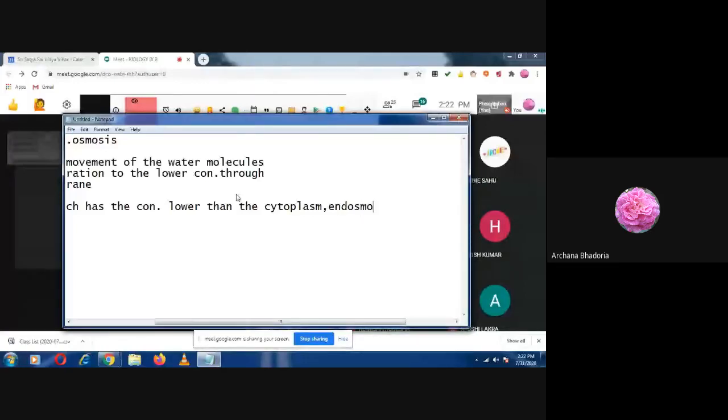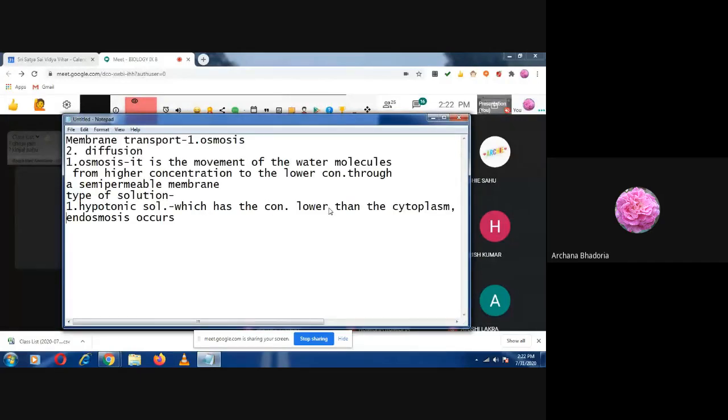So when the cell is placed in hypotonic solution, you will find that from outside the water will start moving inside the cell. Endo means inside. Is it clear? So that type of osmosis is known as endosmosis. How many have understood?